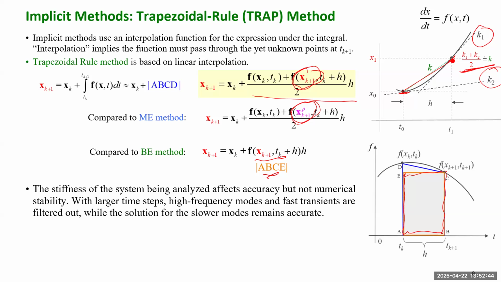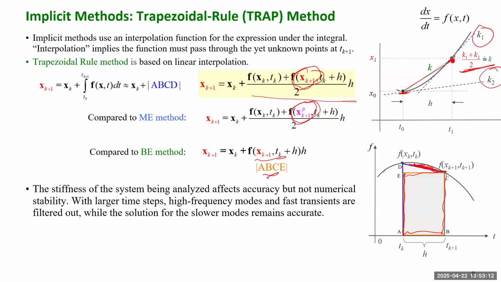The stiffness of the system being analyzed affects the accuracy but not numerical stability. Okay, it does introduce some error, which is, for example, this error will be missed. But you can always follow the true curve, even if you take a very large time step. And what is missing will be some fast dynamics in the middle.